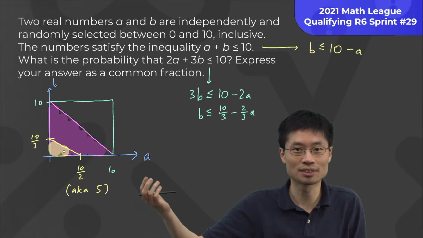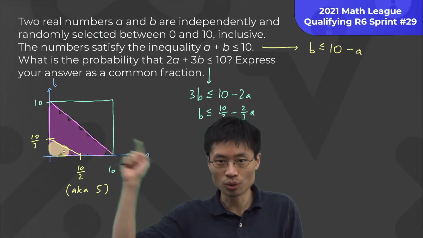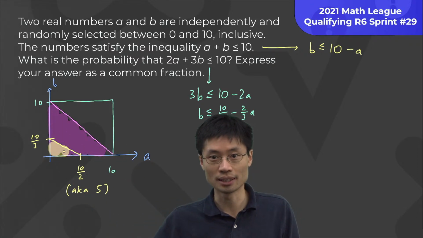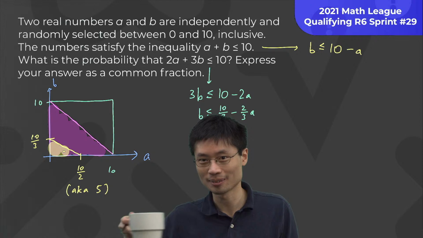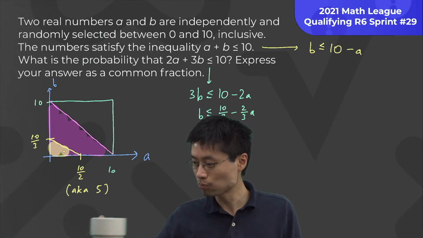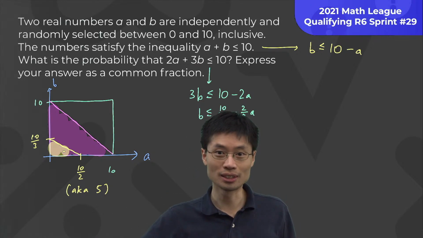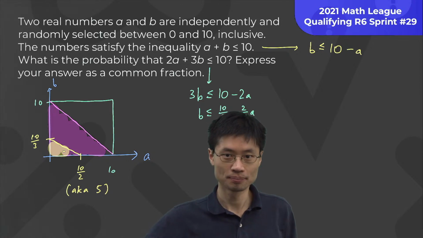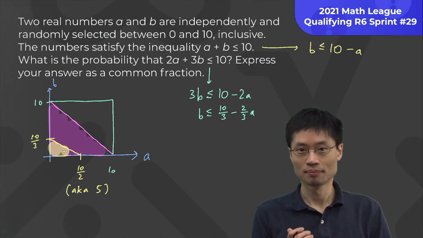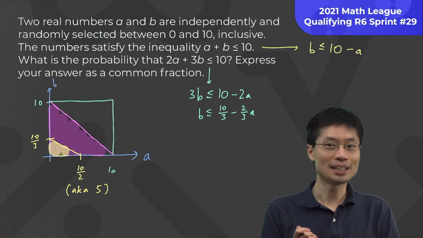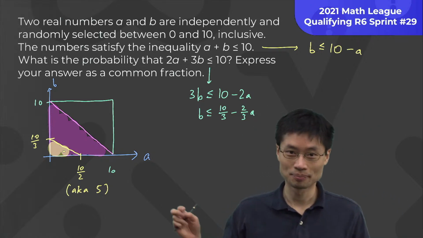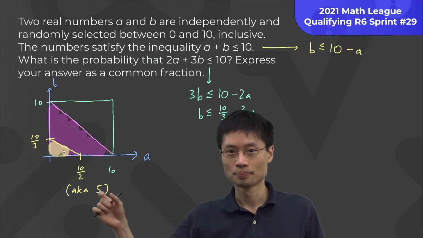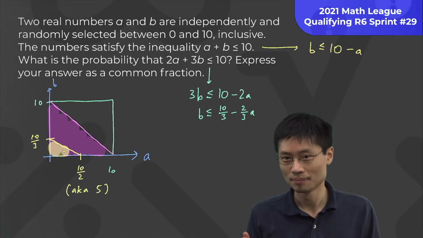But now all I have to do is say, what's the probability that if I have a random piece smoothly from this purple stuff, it happens to be in the yellow? That's a ratio of areas. I just have to take the area of the yellow thing divided by the area of the purple thing, right? So now it's area time. Oh, I'm too lazy to calculate the areas. I'm going to do it another way. I'm going to say that this is 1/3 of that, and this is 1/2 of that.